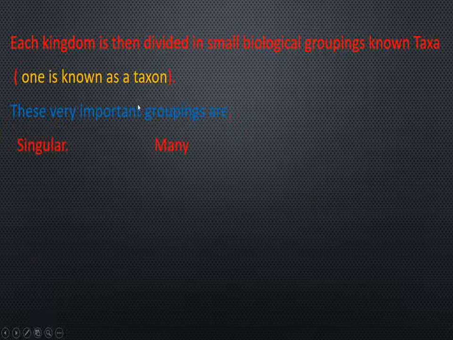Okay, we want to look at them. So if one is one, if there are many, what happens? The biggest group is phylum, if it is one. If there are many, we call them phyla. Don't call them phylums, but phyla. You just remove the last 2 letters and put an A.